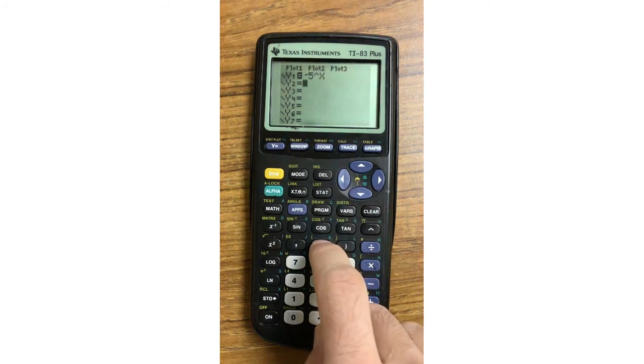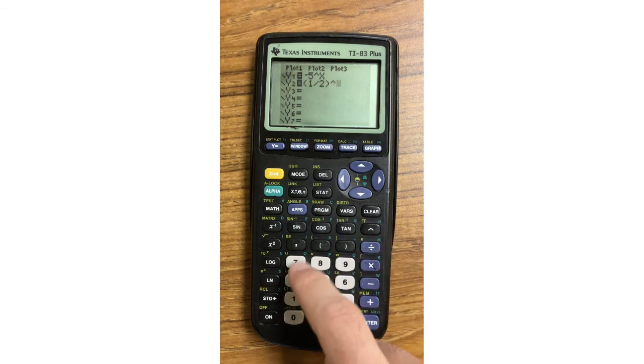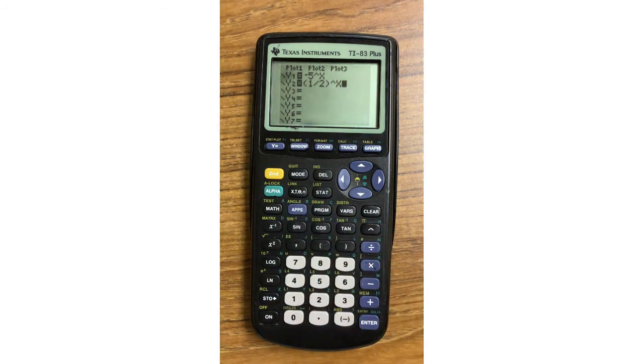Number 14 is exponential decay. I know that because I have 1/2 to the power of X. Any number between like 0.999 repeated all the way down to 0, any fraction of a number is going to give you exponential decay.